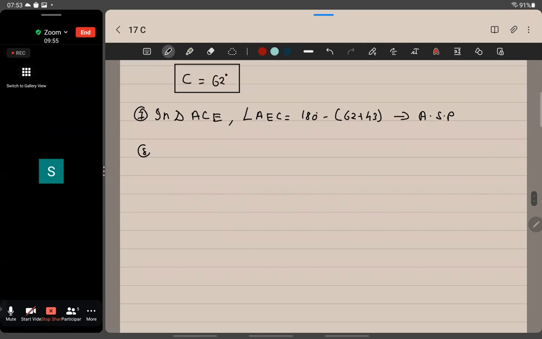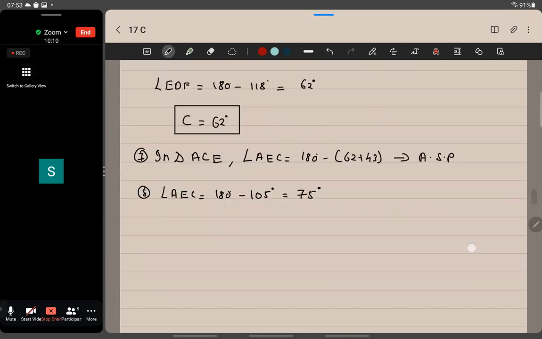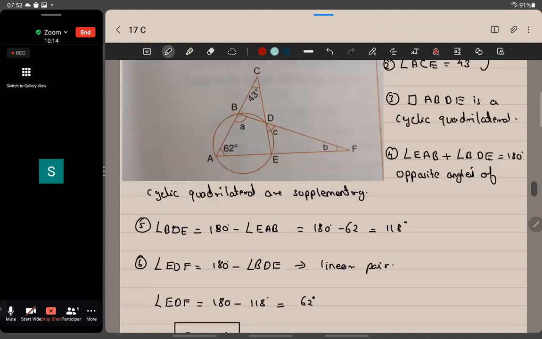So angle AEC is equal to 180 minus 105 degree, so that will be equal to 75 degree. So this is 75 degree. If this is 75 degree, I can find A.